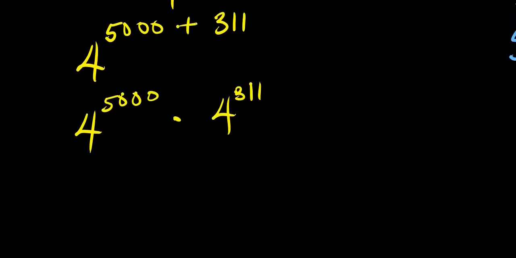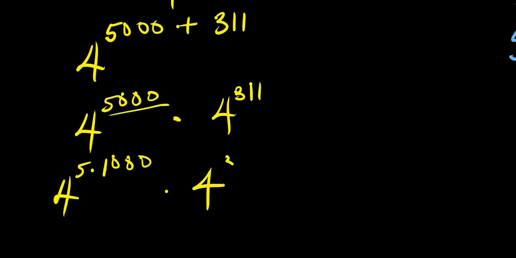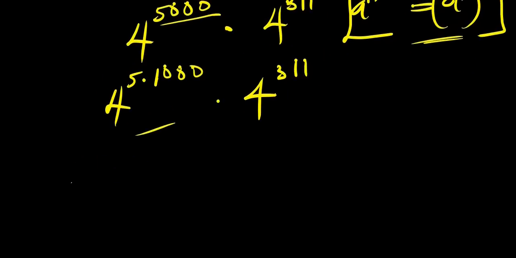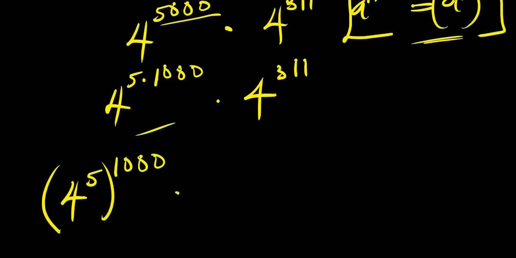So from here, we can simply have 4 to the power of, instead of 5000, we have 5 times 1000, times 4 to the power of 311. So we consider this identity: if you have a power n times m, this equals a power n all power m. So we apply this same identity here. We are going to have 4 to the power of 5 to the power of 1000 times 4 to the power of 311.